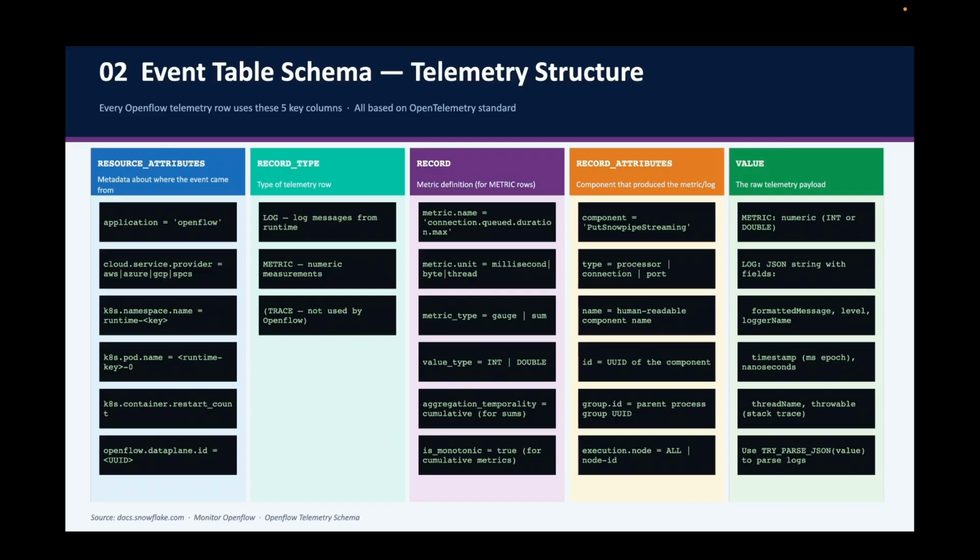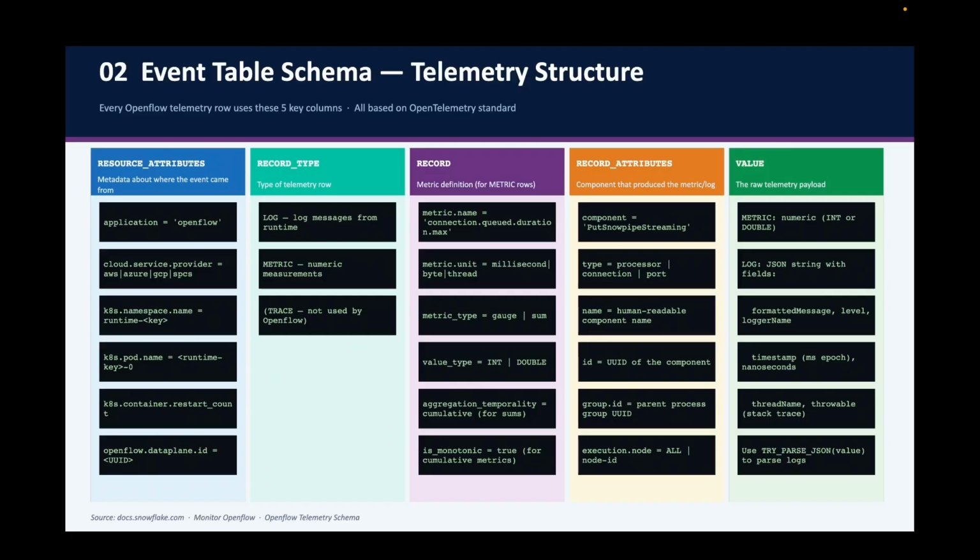Let us see what we get from resource attributes. It is the metadata about where the event came from. In this case, application equals Openflow for Openflow telemetry. And we can also see the cloud service provider. It can be AWS, Azure, GCP, or SPCS.